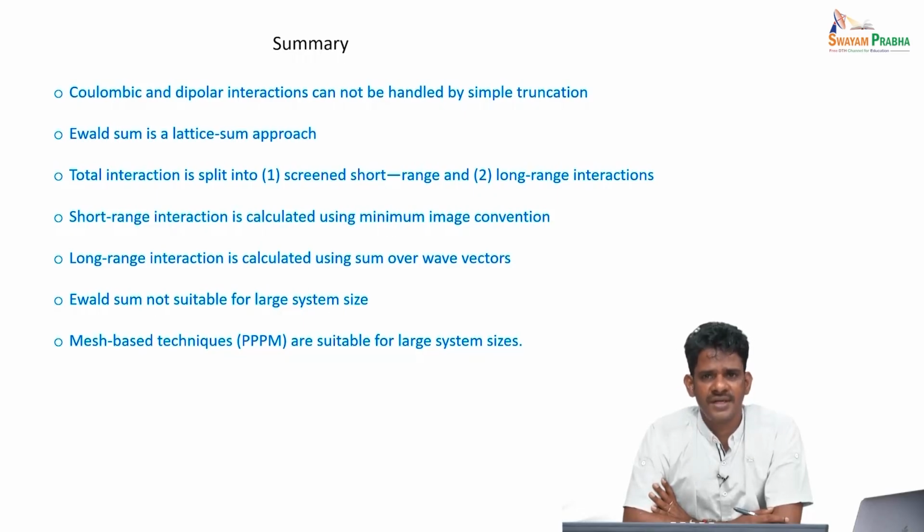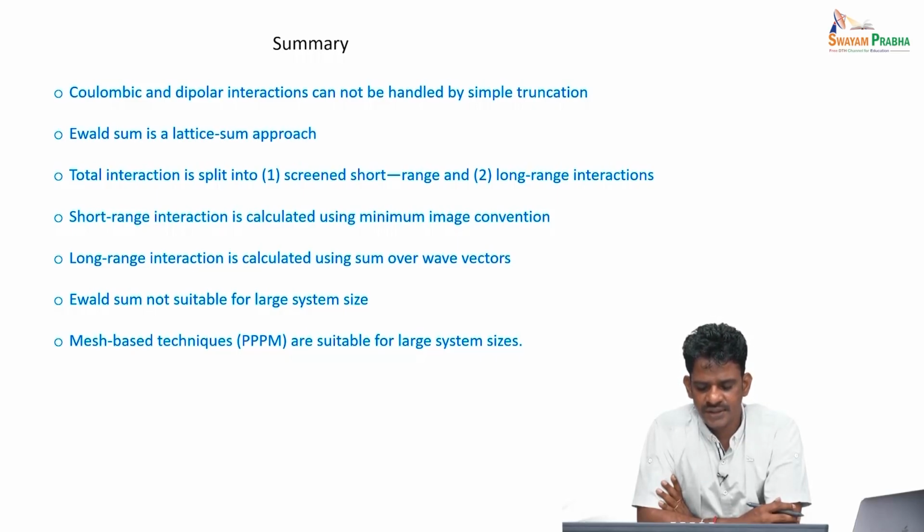Some of the key things that you would like to remember about Ewald summation or long range interaction is that the Coulombic and dipolar interactions cannot be handled simply by truncating the potential the way we handle short range interactions. Instead, we use what is called the Ewald sum, which is a lattice sum based approach, where the interactions are summed over all the neighboring lattices and the neighbors within those lattice points. In the Ewald sum, we split the total interactions into two parts.